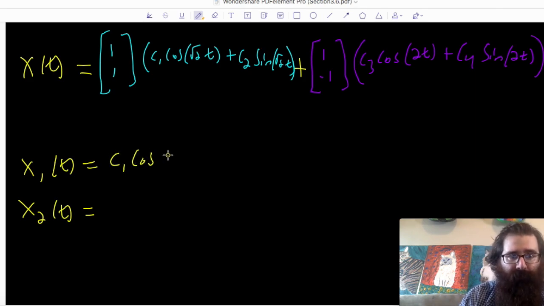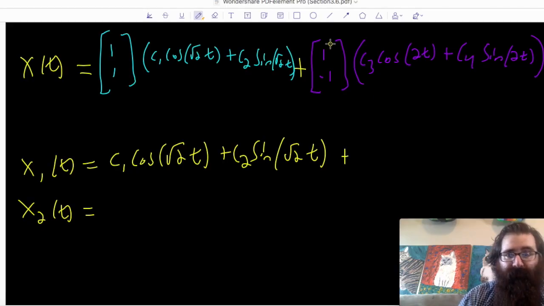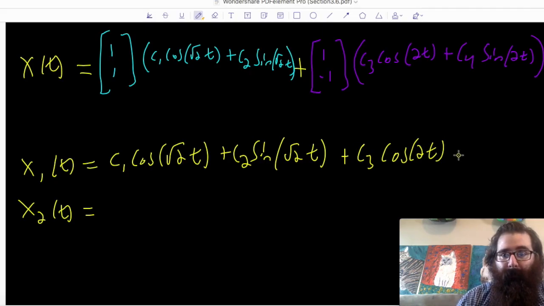So here, if I think about the top row, 1 times the stuff in the blue parentheses, we get c sub 1 cosine square root 2 times t plus c sub 2 sine square root 2 times t, and then plus, still traveling along the top entries, it's another 1 times the stuff in the purple parentheses, so that's c sub 3 cosine 2t plus c sub 4 sine of 2t.